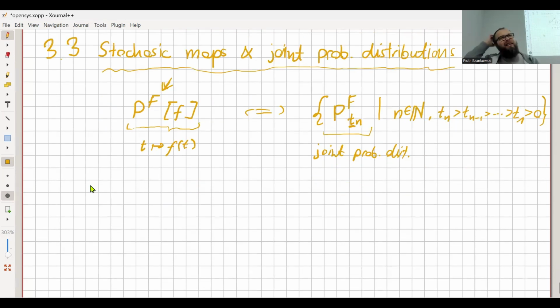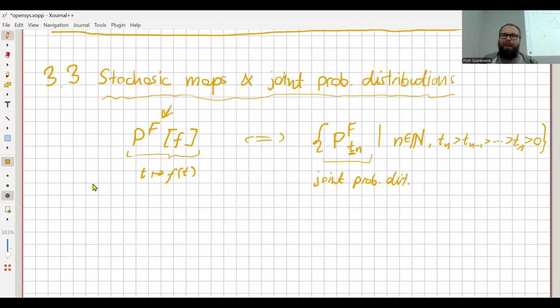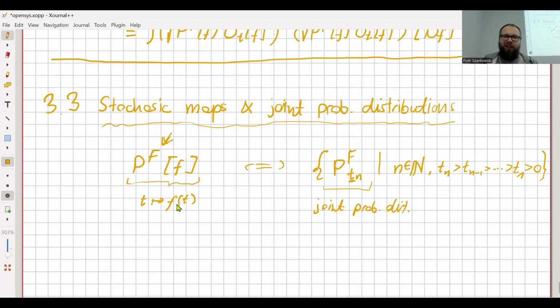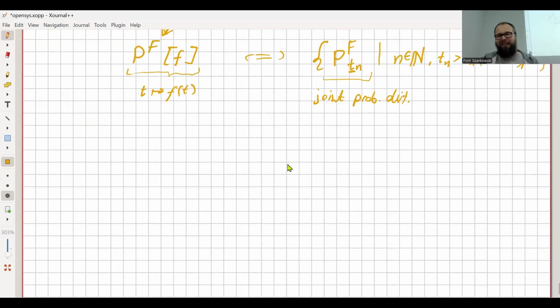And I advertised that abstract proofs maybe you can tackle with the functional probability distribution, but all practical calculations you do with those joint distributions. We investigated some of them on an example of random telegraph noise. If you remember, it had some nice properties. For example, for Markovian processes they factorize like that, and so on and so forth.